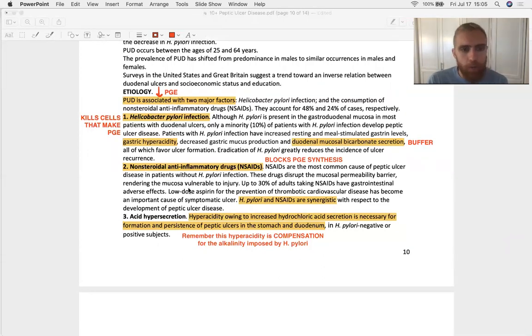And the second route is through NSAIDs, which are going to completely block the synthesis of prostaglandin E, leading to the dissolution of that mucosal barrier and the eventual erosive damage of the stomach lining.